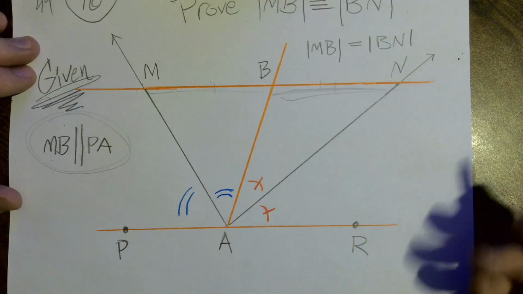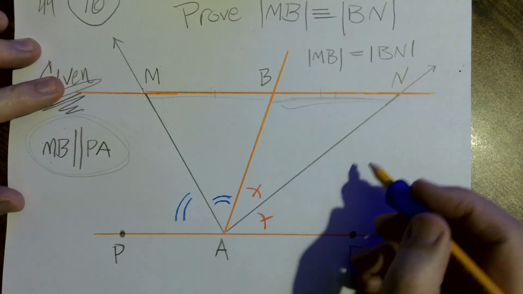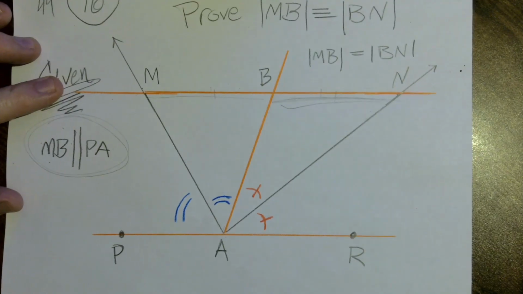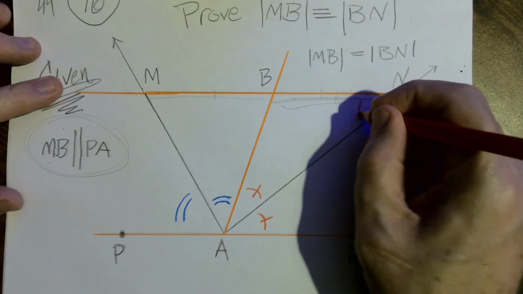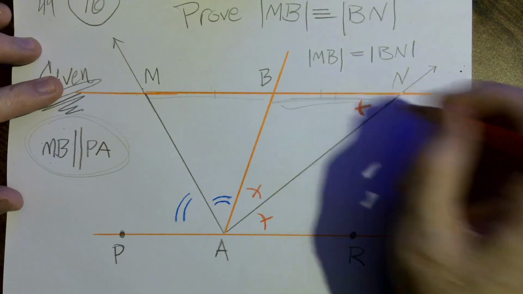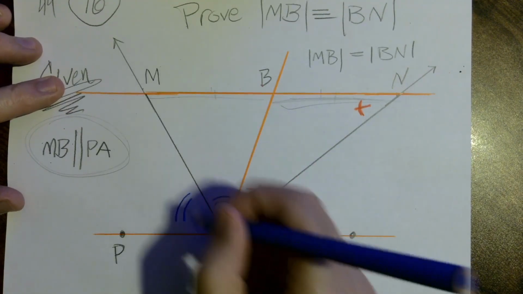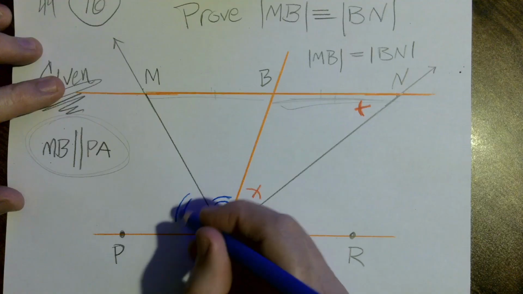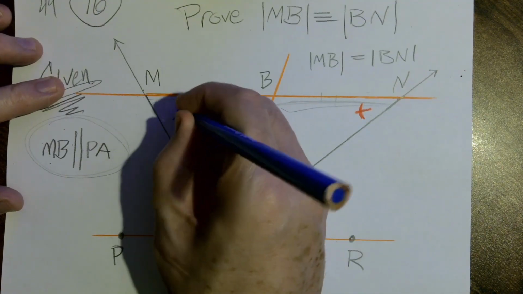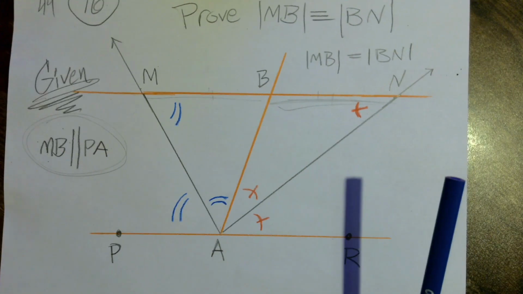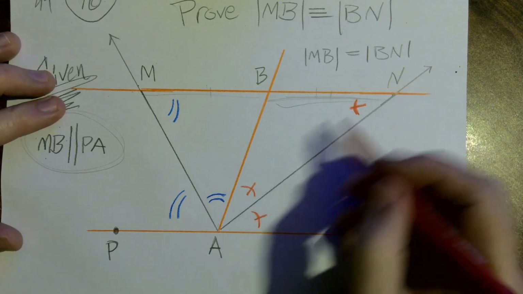Well, let's see. We got parallel lines. The way they colored this in the book makes it easy to see this is a transversal, but these rays are also transversals. That means we know that this angle here is the same as this angle. And because this is also a transversal, this angle here, we have alternate interior angles, same as that angle right there.